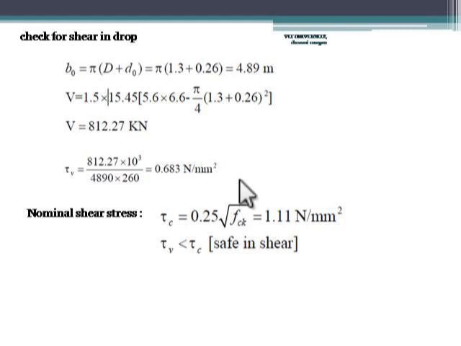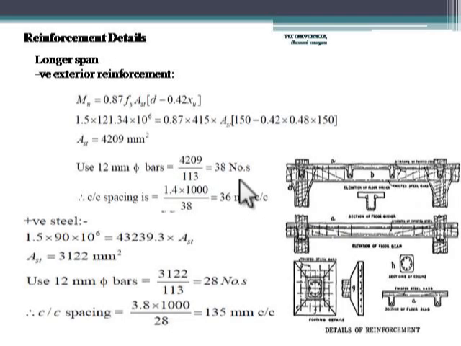So we got tau v as 0.683 Newton per mm square, that is nominal shear stress. So we will find shear strength for drop, that is tau c equal to 0.25 root of fck, that is 1.11 Newton per mm square. So tau v is less than tau c, hence it is safe in shear.